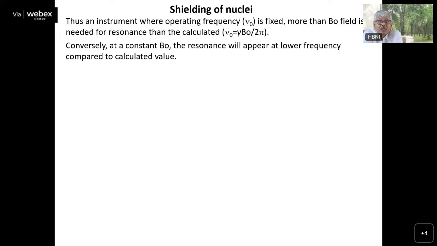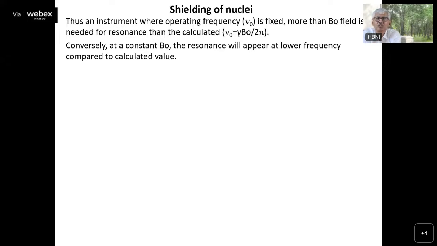Let us say the instrument, the old instruments, could be used so that the operating frequency is fixed and you vary the magnetic field, or you can keep the magnetic field constant and vary the radio frequency, to bring the nucleus under resonance.